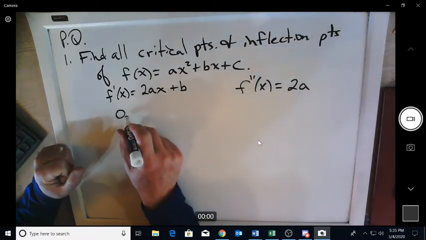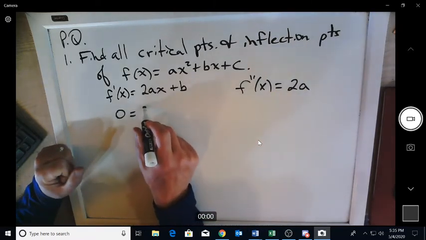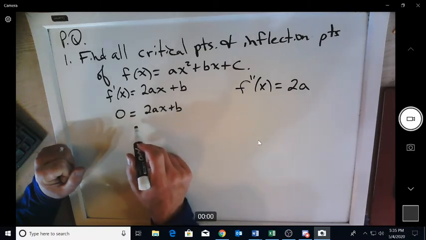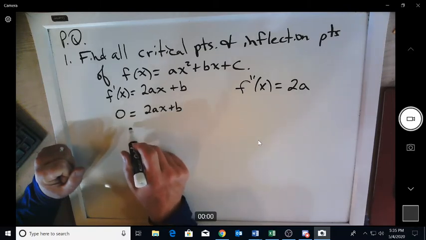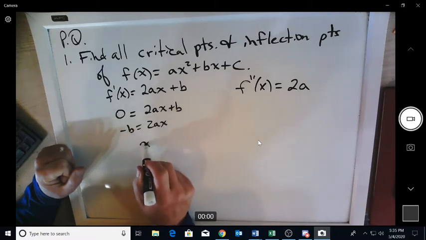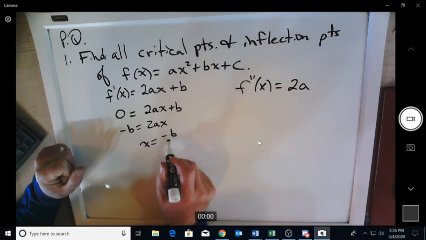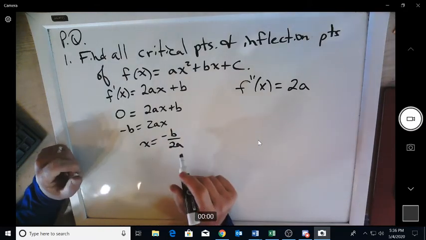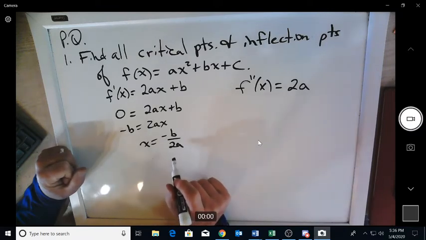When we set the first derivative equal to 0, we solve for x. So negative b is 2ax, or x is negative b over 2a. This is the standard form for the vertex of a parabola, negative b over 2a.